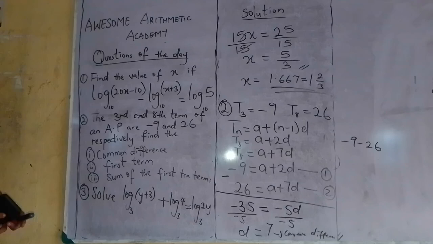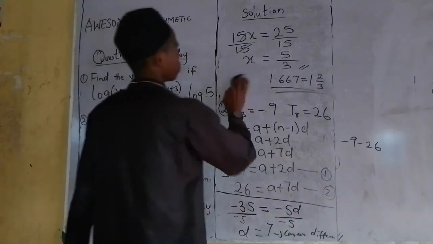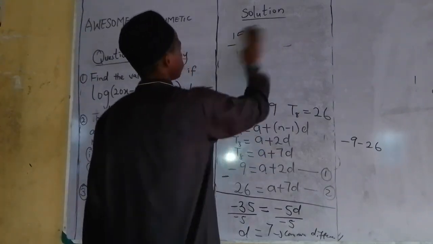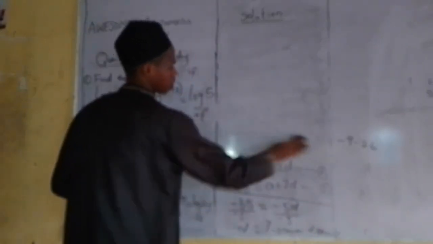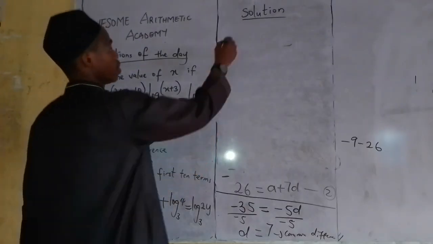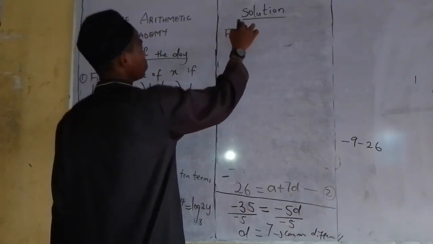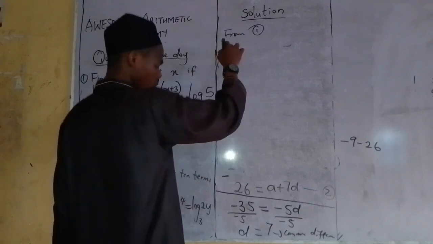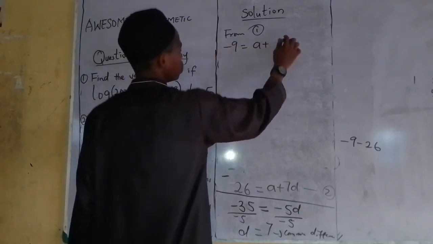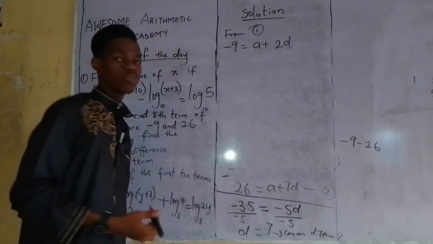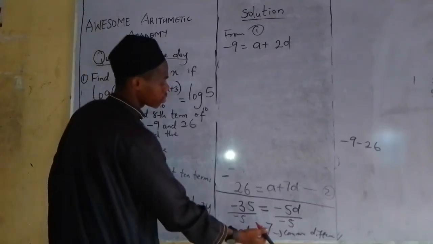Now let's move on to the first term. You can just say from equation 1. Equation 1 was -9 equals A plus 2d. Now anywhere I'm saying d, I will replace it with the 7 I've got here.